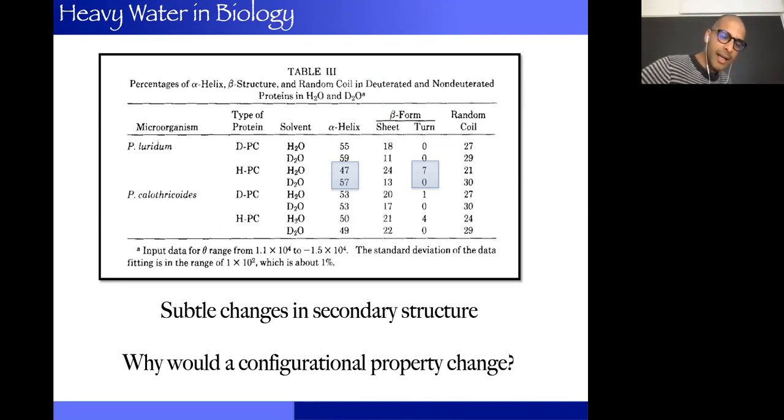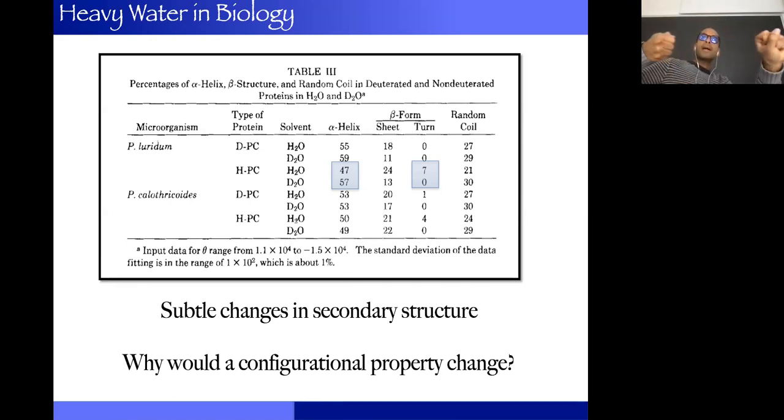This is again an area that is still not completely well understood, but there were these old experiments where they do something called circular dichroism. Circular dichroism is an experimental technique that allows you to look at the secondary structure of your protein.